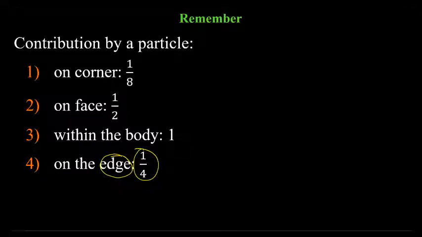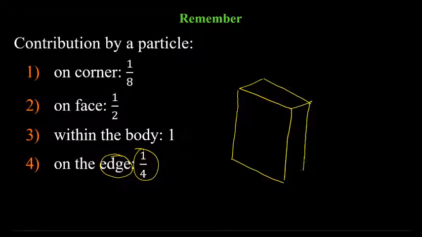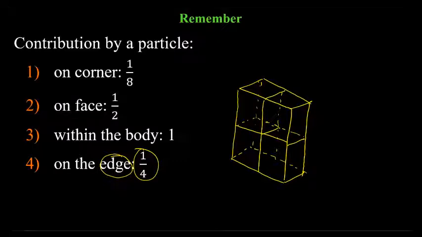Because if it is on edge, suppose we have this type of arrangement, there are 4 cells.